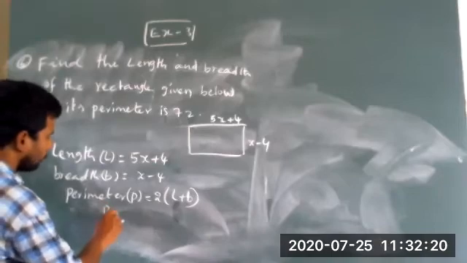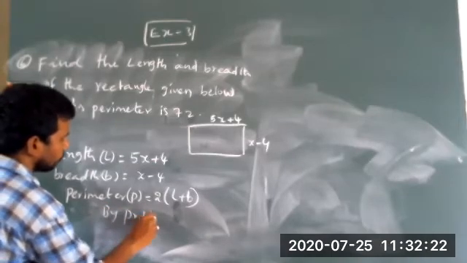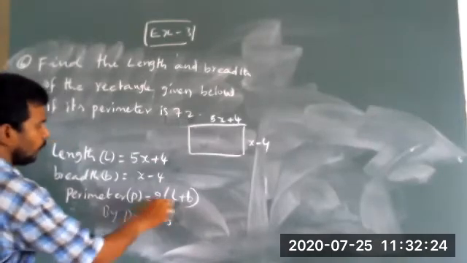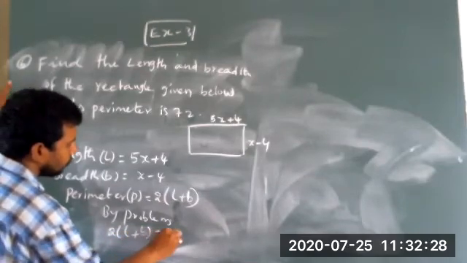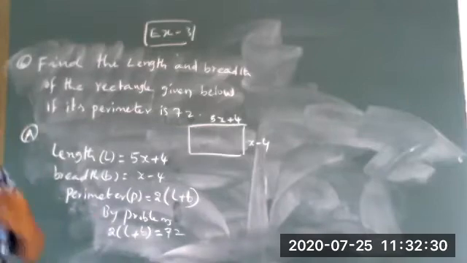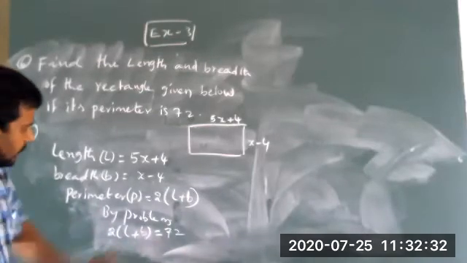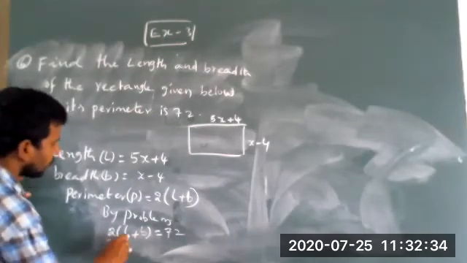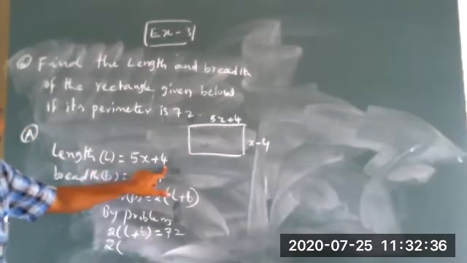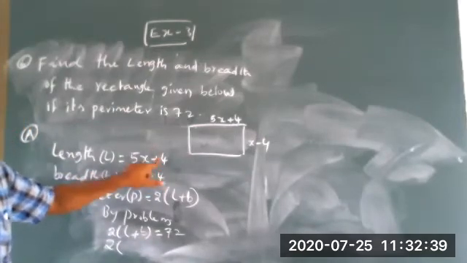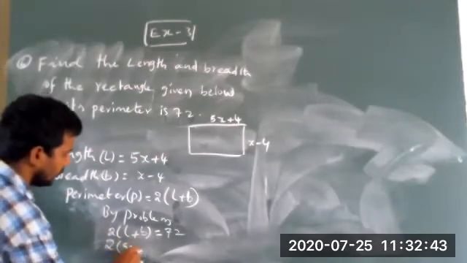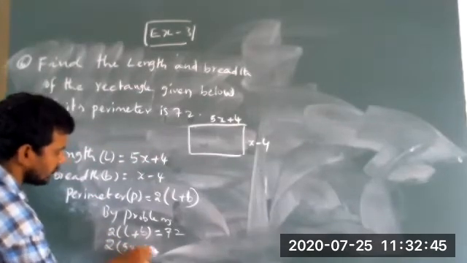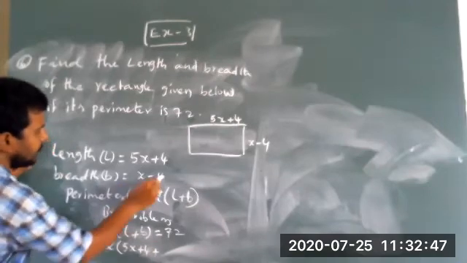By problem, 2 of L plus B equal to 72. 2 of L plus B equal to how much, children? 72. So 2 of, what about length? 5x plus 4. Take 5x plus 4, substitute in L place. So that's why 5x plus 4 plus, what about breadth? x minus 4.